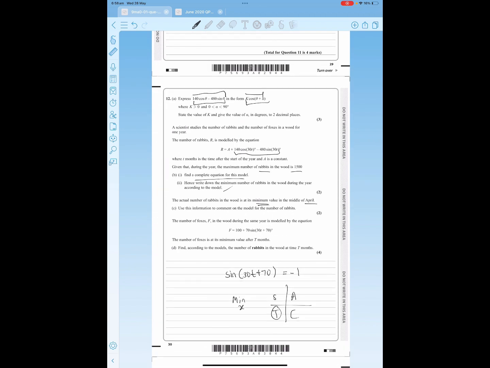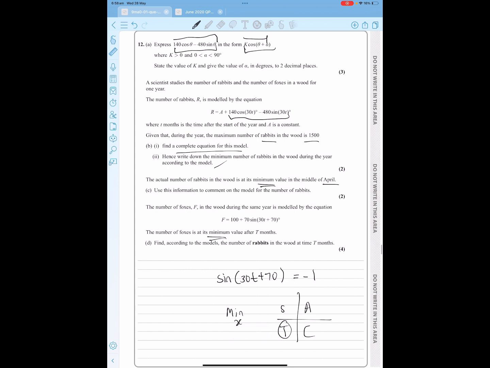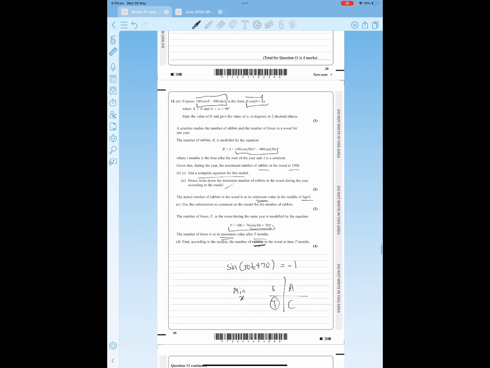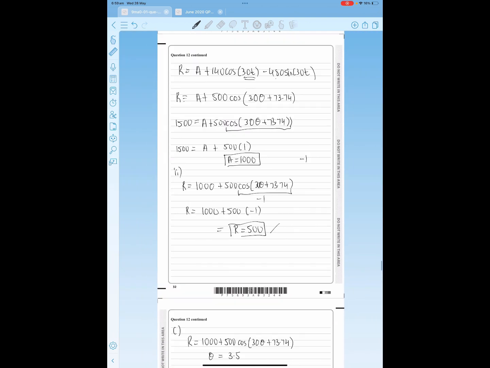So part D, the number of foxes in the wood during the same year is modeled by this equation. The number of foxes is at its minimum after t months. Find, according to the model, the number of rabbits in the wood at time t months. So we need to find the value of t when the foxes are at their minimum. So this would be when this part of the graph would be -1, because sine's minimum is -1.